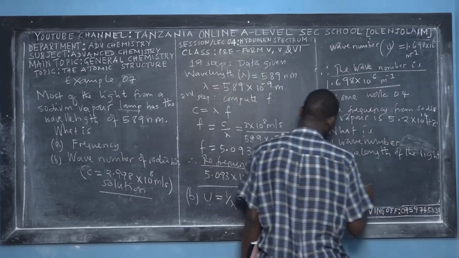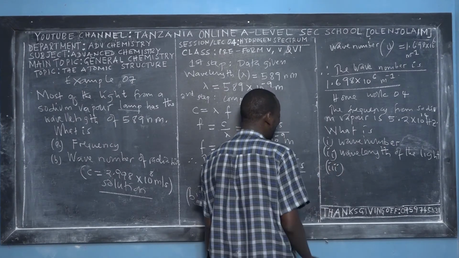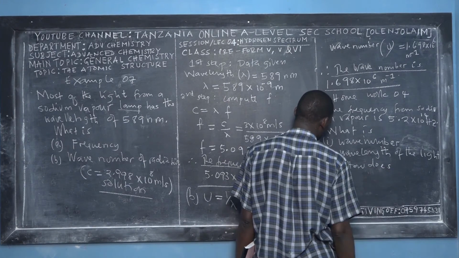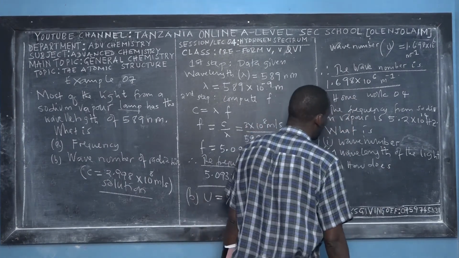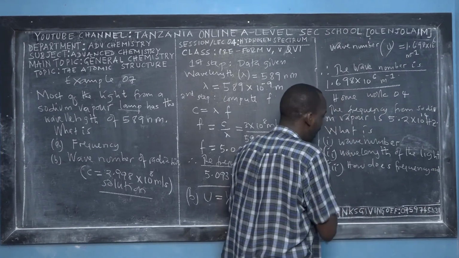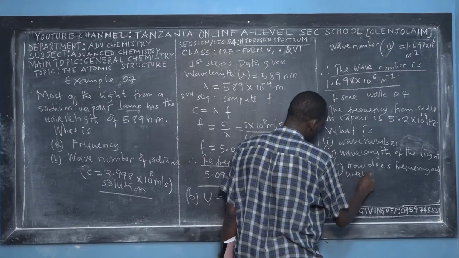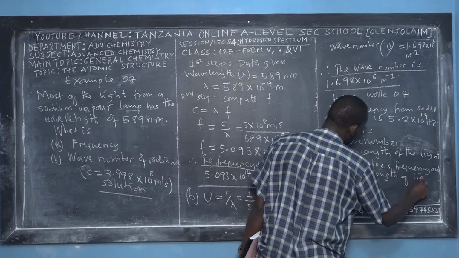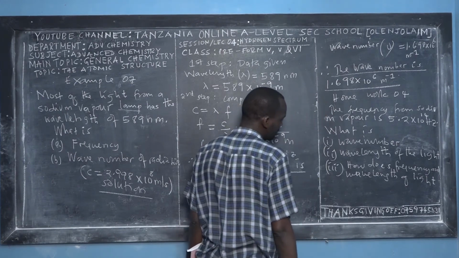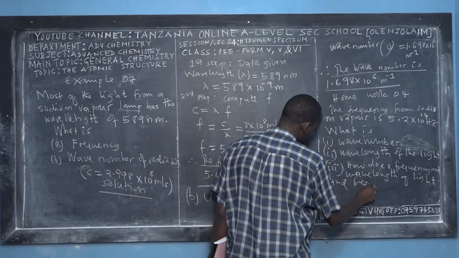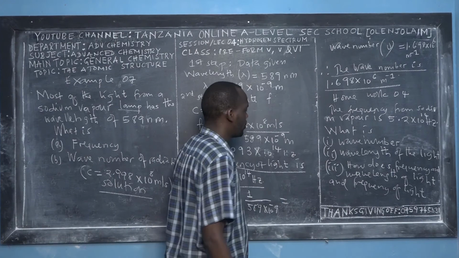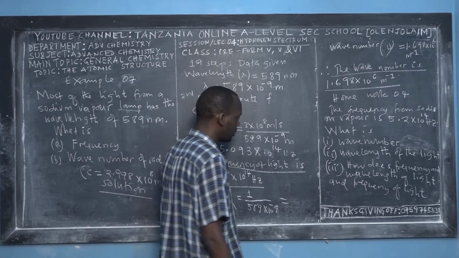Again, we have to explain briefly in part B, Roman 3, the explanation that you have to present: how does the frequency and wavelength of light relate?